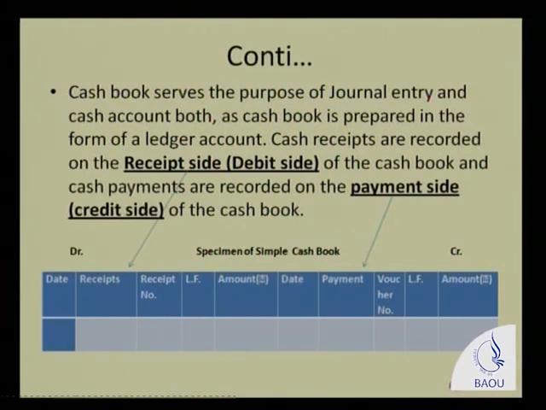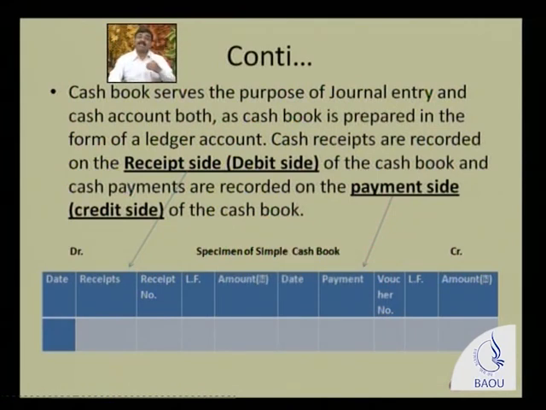If you compare it with the ledger account, the ledger account is also very similar to the cash book, with two sides. One is the debit side, which is called the left hand side, and the other is the credit side, which is called the right hand side. If cash is received, meaning any amount has been received by a company, it would be recorded on the receipt side, that is the debit side of the cash book.